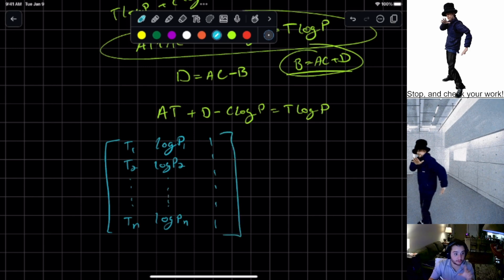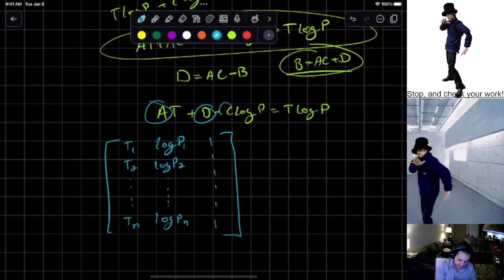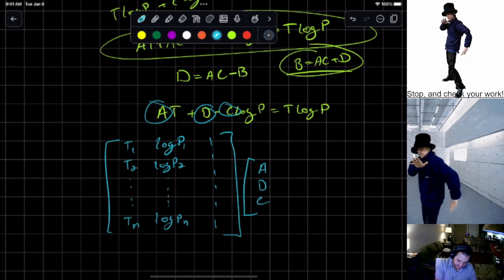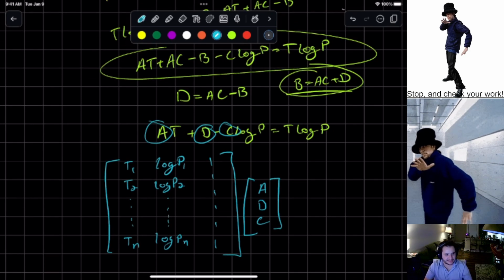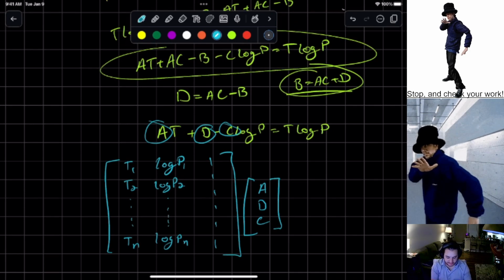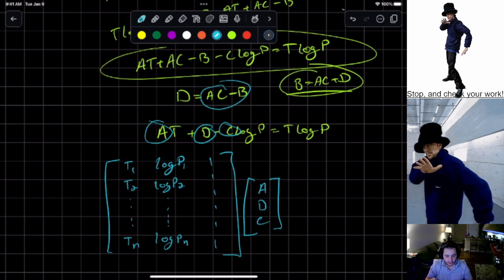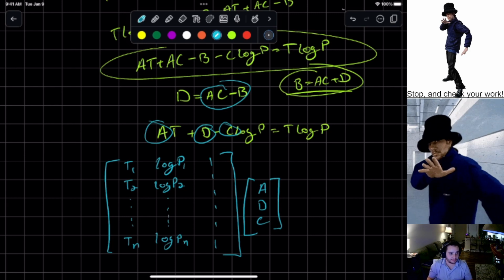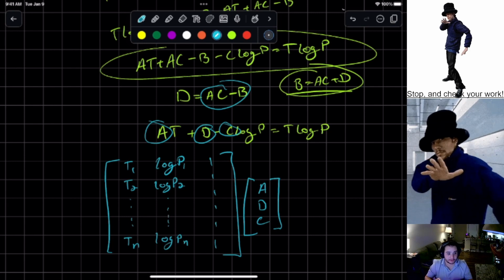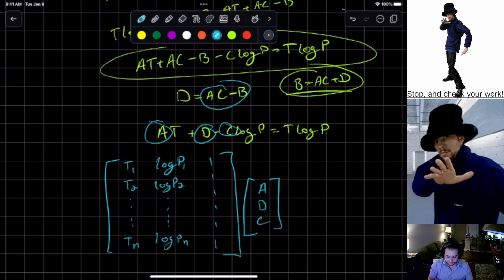And then we have our three constants that we denoted, A, D, and C, right here. The reason why we can have that D component in there is because they're just numbers. They're constants, they don't change with temperature or pressure. So that's why we're able to have those as constants.